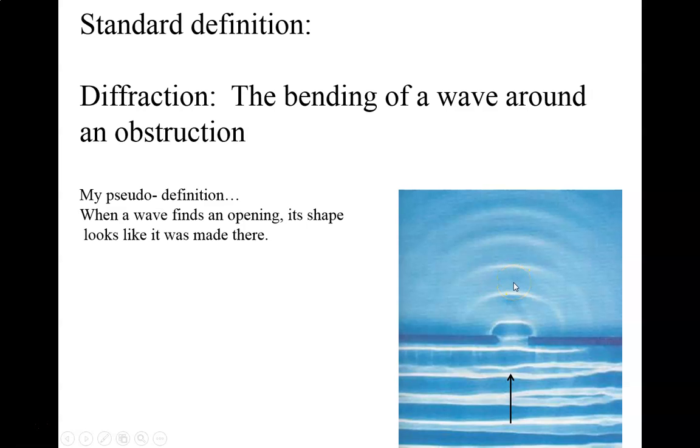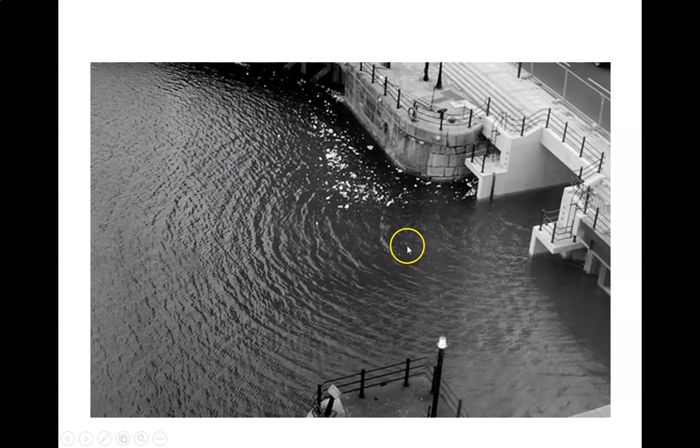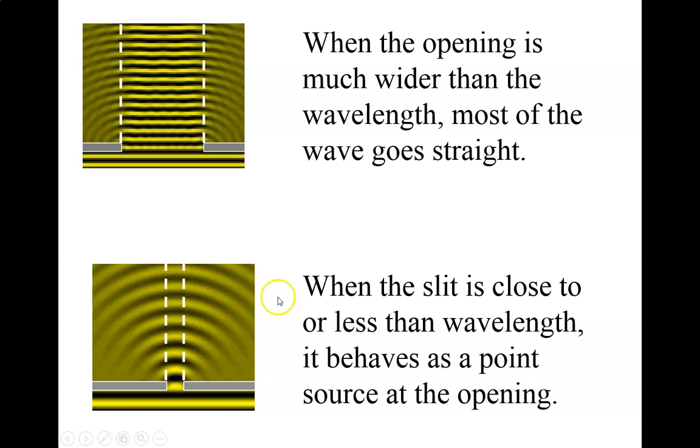Here is another example of diffraction. You've got your opening, and then you've got your circular waves. Another example here, we've got an opening, and we've got our circular waves. Very, very common. Light does this too. Sound does this too.